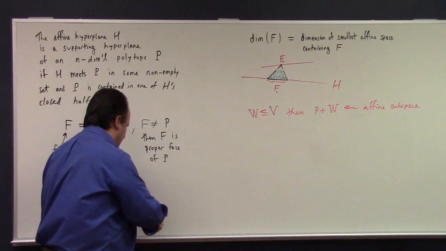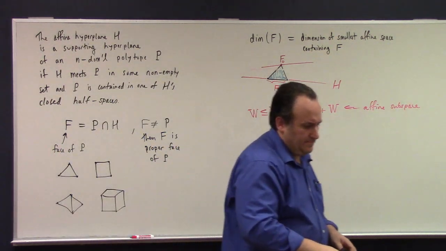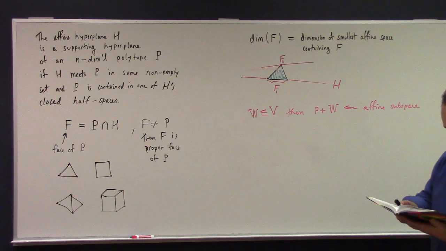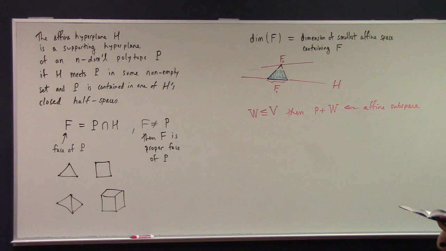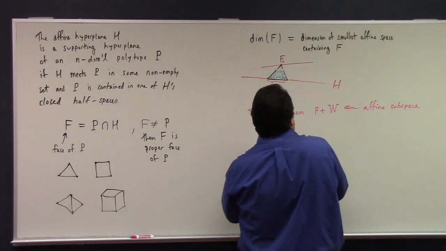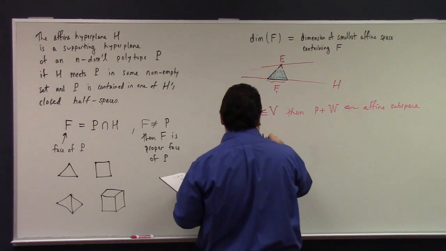Although we're not really doing vector spaces here so much as we're just doing things in Rn, okay? But all right, let me go on here. A zero-dimensional face is called a vertex. So this is a vertex.